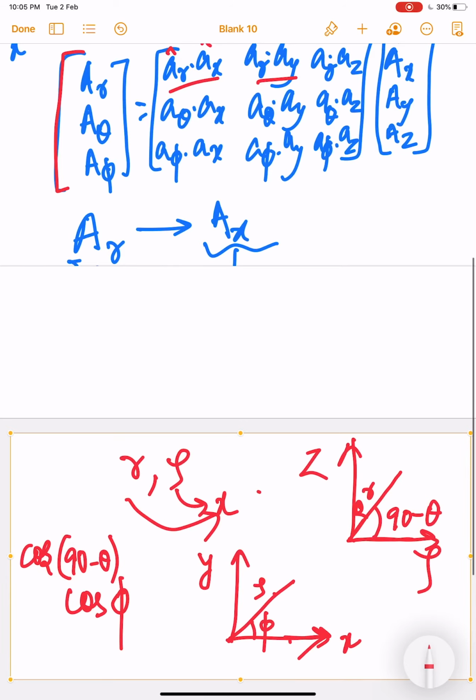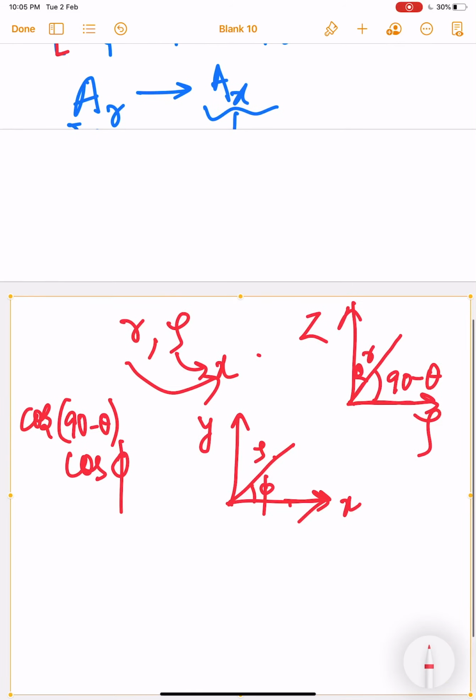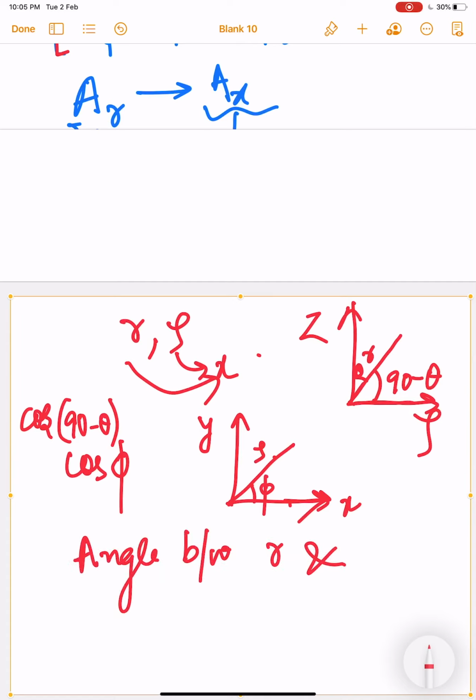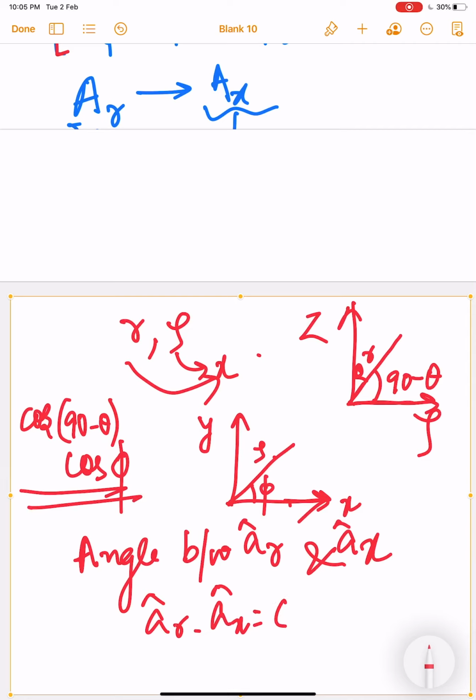So if I see the overall angle, I can say it will be cos 90 minus theta, and then rho cos phi is x, so I can multiply this cos phi over here. So the angle between R and x, that is a_r cap and a_x cap, if I have to take out the dot product, then I can write the product of these two, that is cos(90 minus theta) into cos phi.